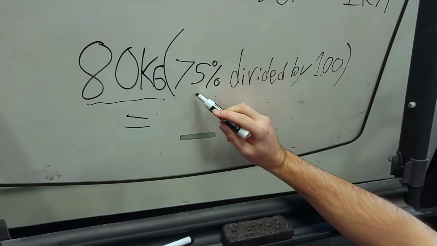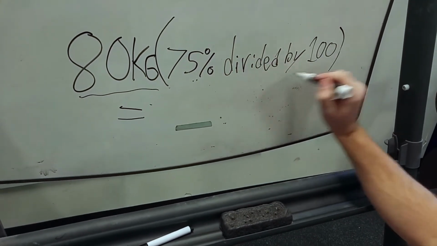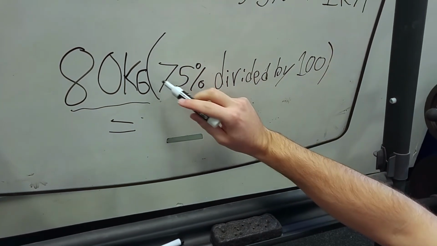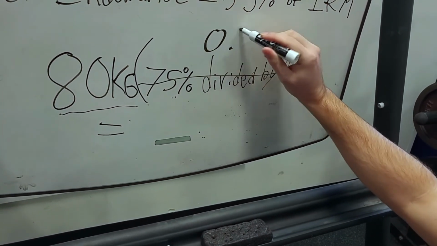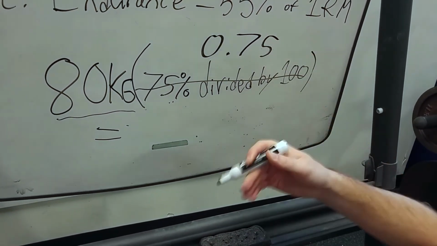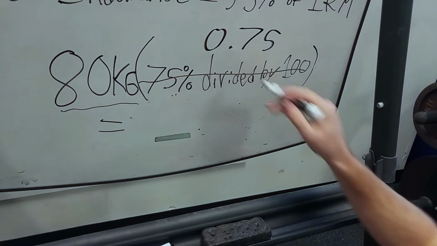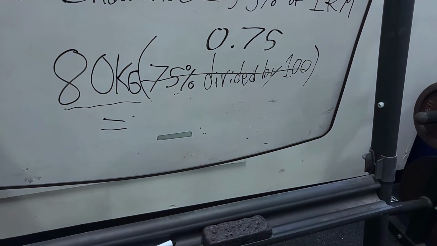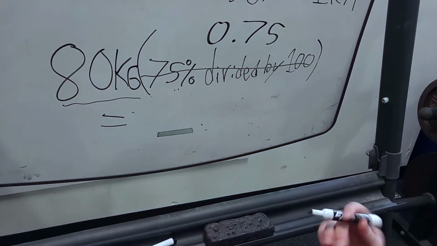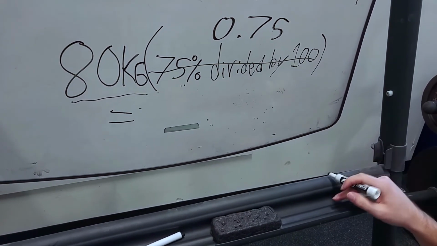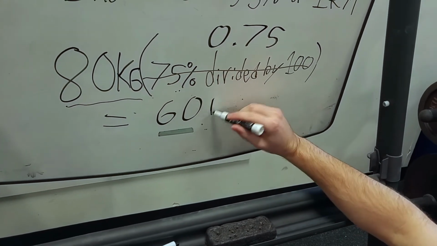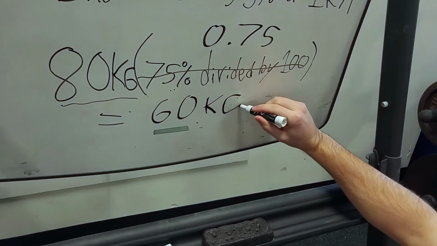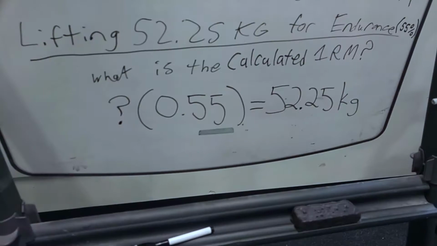Remember, to convert this to a decimal, we have to divide by 100. So 75 divided by 100, you just cross that out, we got 0.75. Now if you want to take a few seconds to take your calculator out and work this out, I'll just wait here, and if you end up getting 60 kilograms, you got the right answer.